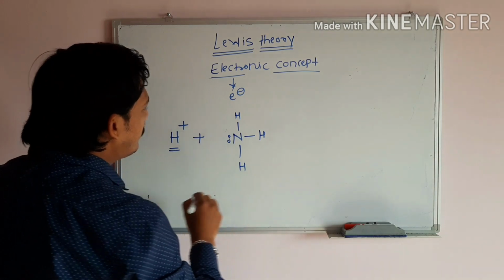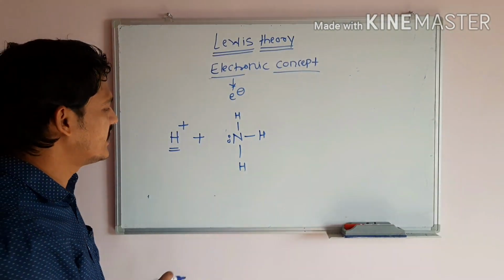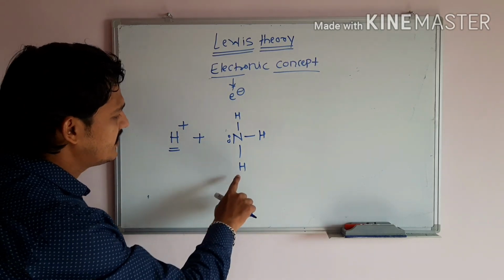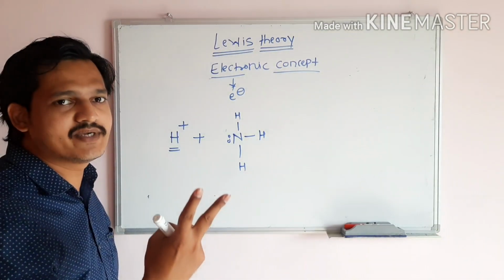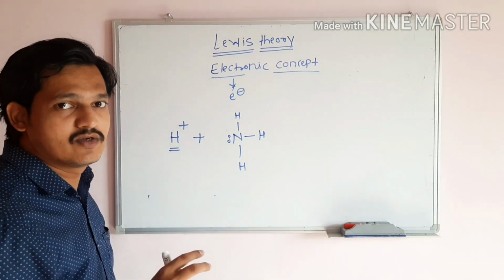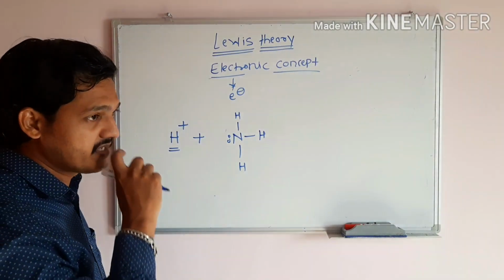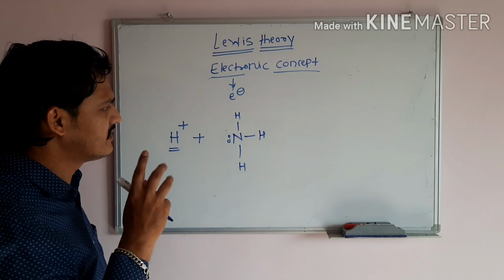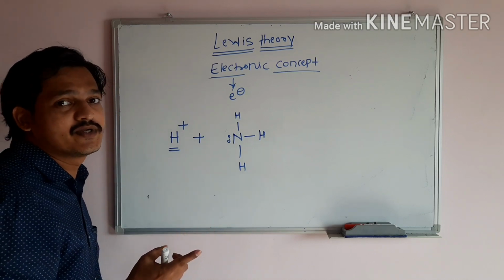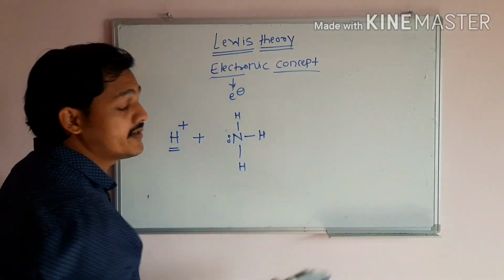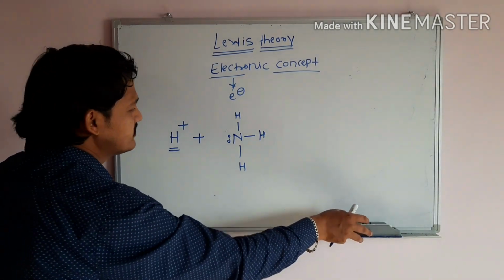You already know the structure of ammonia from last year's chemical bonding chapter: one lone pair is present in nitrogen, two lone pairs in oxygen, and three lone pairs in fluorine. Oxygen also carries them, but three stable lone pairs are present only in fluorine, because fluorine has the highest electronegativity among the 118 elements.